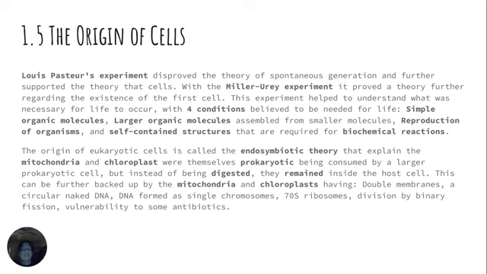And this theory can be backed up by the fact that the mitochondria and chloroplasts both have double membranes, both have circular naked DNA formed as single chromosomes, they both have 70S ribosomes, and the ability to divide by binary fission, and they both are vulnerable to some antibiotics.